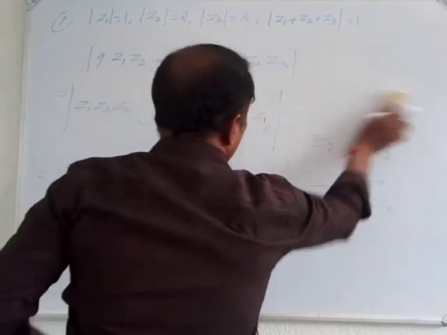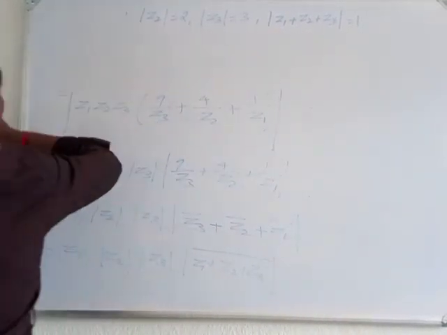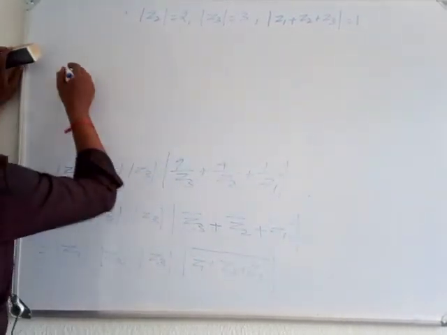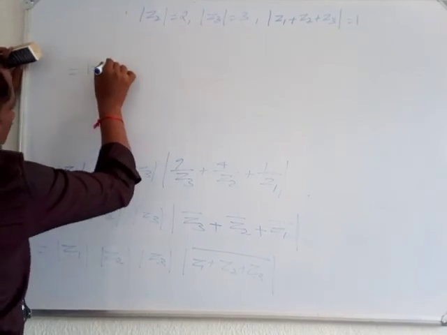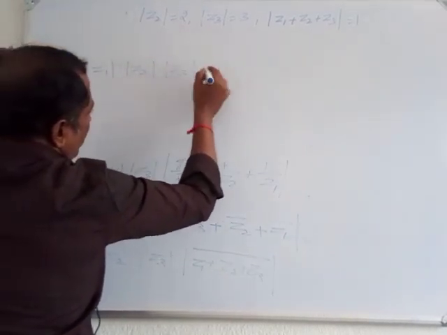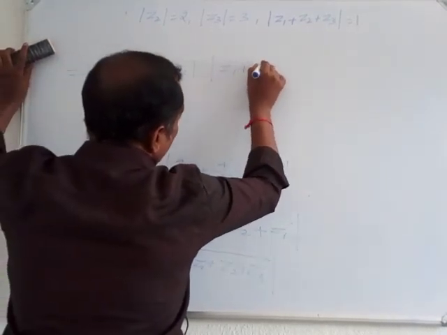Next step, you have to write this one. Which is equal to modulus of z1, modulus of z2, modulus of z3, and the total bar, that is z and z bar, both are equal.